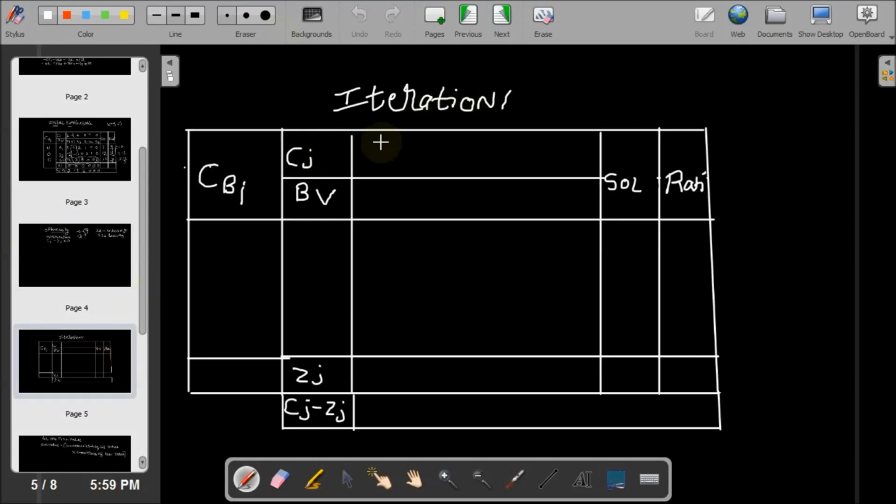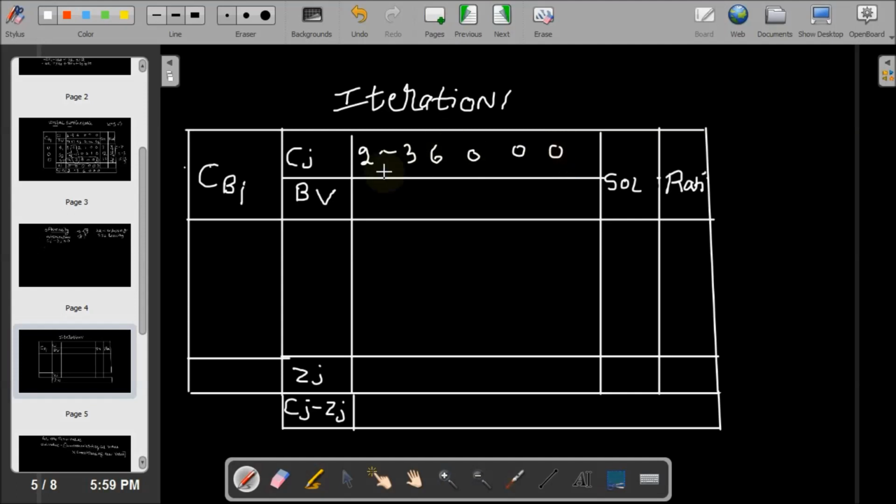So the cj value will remain the same here. That is 2, minus 3, 6, 0, 0, 0, right?